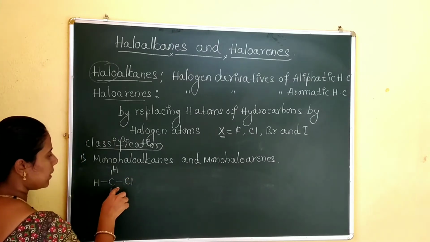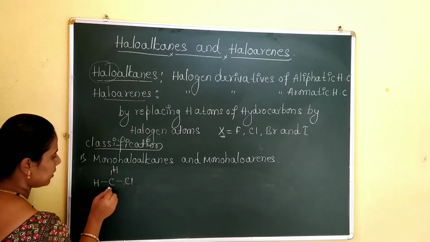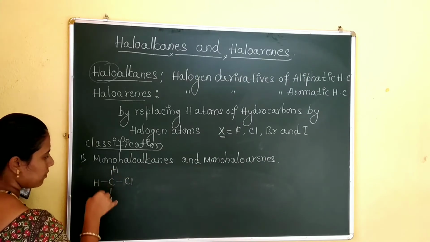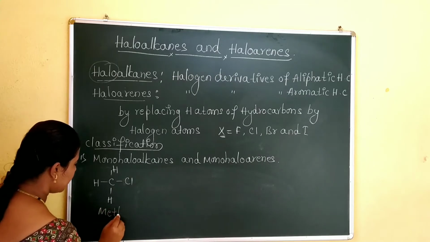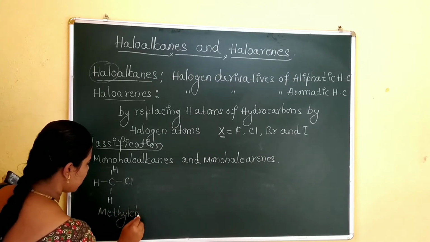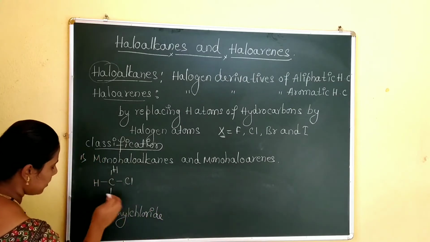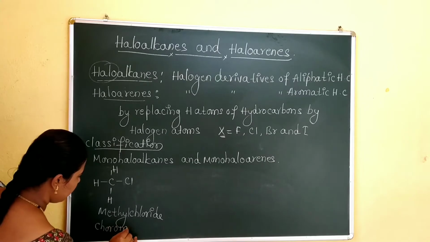Then it becomes a monohaloalkane, chloromethane. The common name for this is methyl chloride. It is a monohaloalkane, methyl chloride or chloromethane.